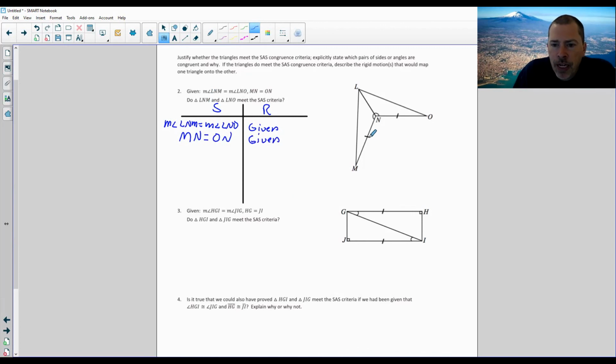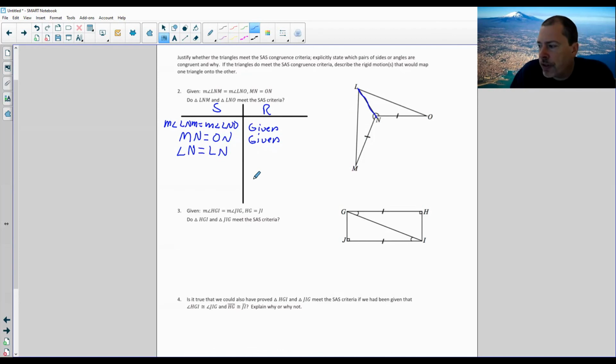Okay, so we have a side congruent to a side. We have an angle congruent to an angle. But what else do we know just by looking at this? Well, we have a shared side. So if I have a side, LN, well, it's obviously equal to itself because it's the same thing. So this side right here is equal to itself.